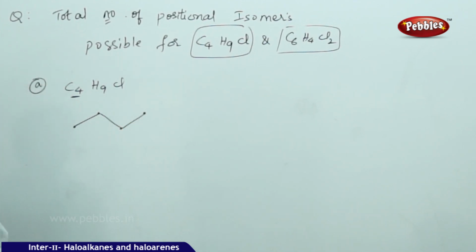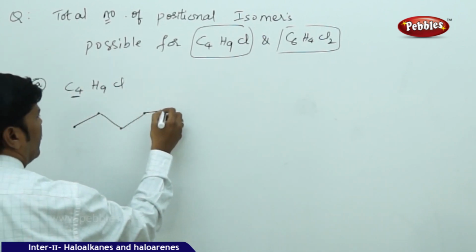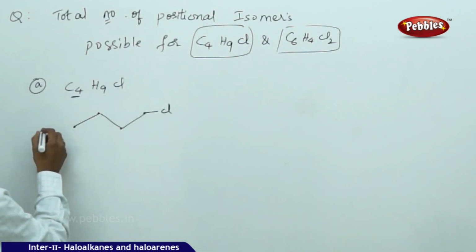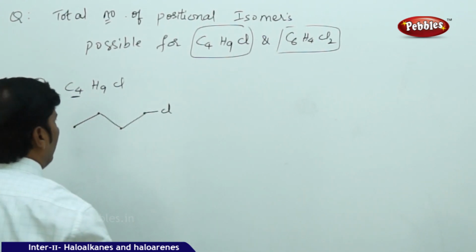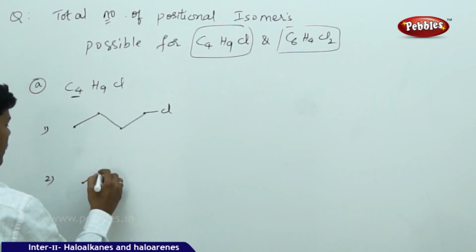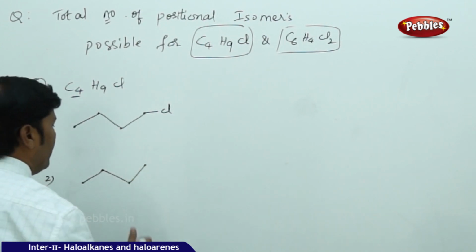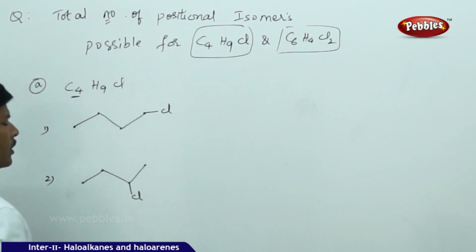I am going to take enough chances for showing the different positional isomers. So here I am going to attach one chlorine here. This is the first positional isomer of C4H9Cl. Second one is again 1, 2, 3, 4, where I am substituting one chloro group over here.